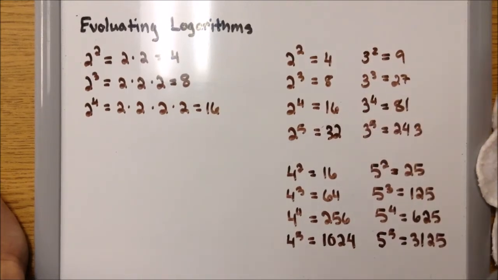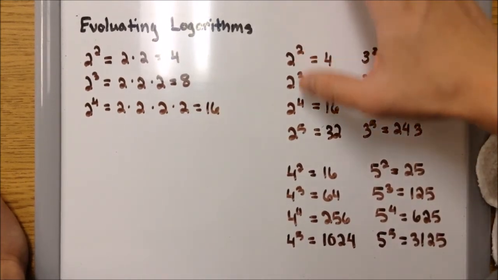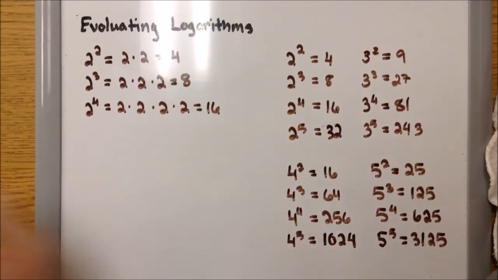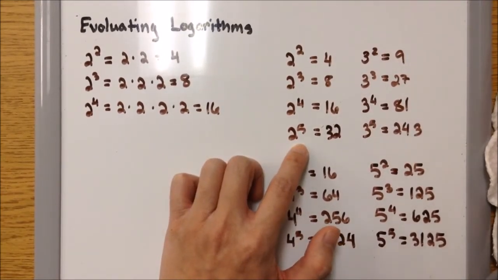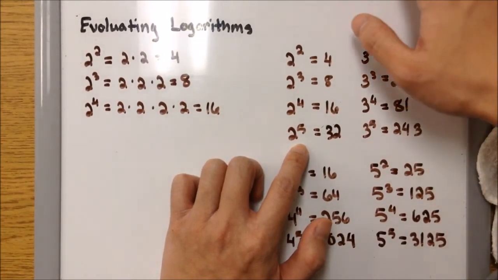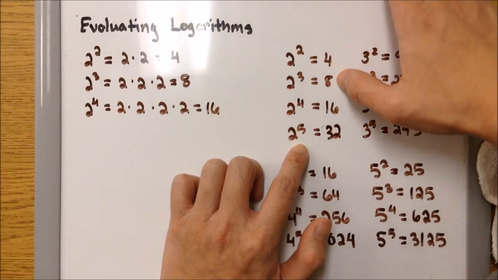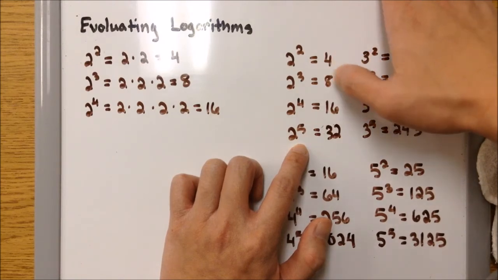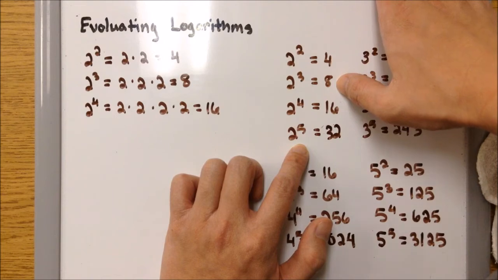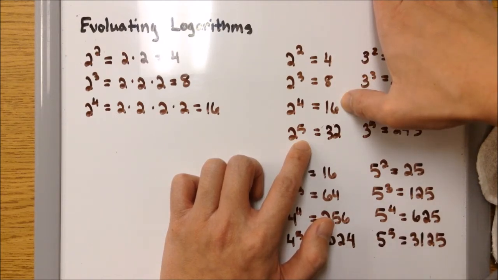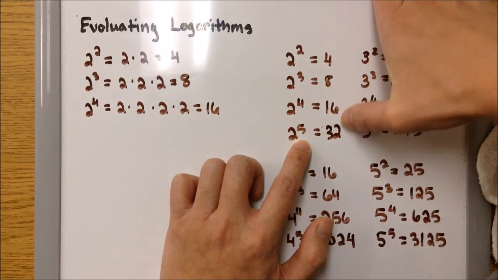So if you were to start from the basics, or start off with say 2 to the fifth power, but you don't know what it is, well, let's see. If I remember that 2 to the third power is 8, if I want to go to 2 to the fourth power, I'm going to multiply by 2, get 16. And if I want to reach 2 to the fifth power, I'm just going to multiply by the same base, which is times 2, and get 32.